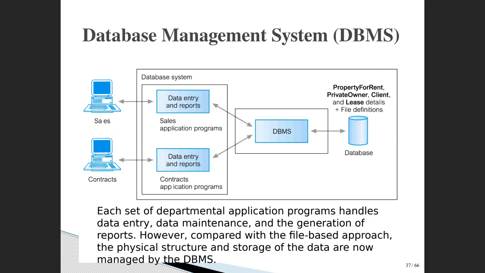Both departments in this example, sales and contracts, are interacting with the database management system, which allows access to the database. Here we have data entry and reports for the sales application programs, and data entry and reports for the contracts application programs. They handle the data entry, for example, data maintenance and generation of the reports.